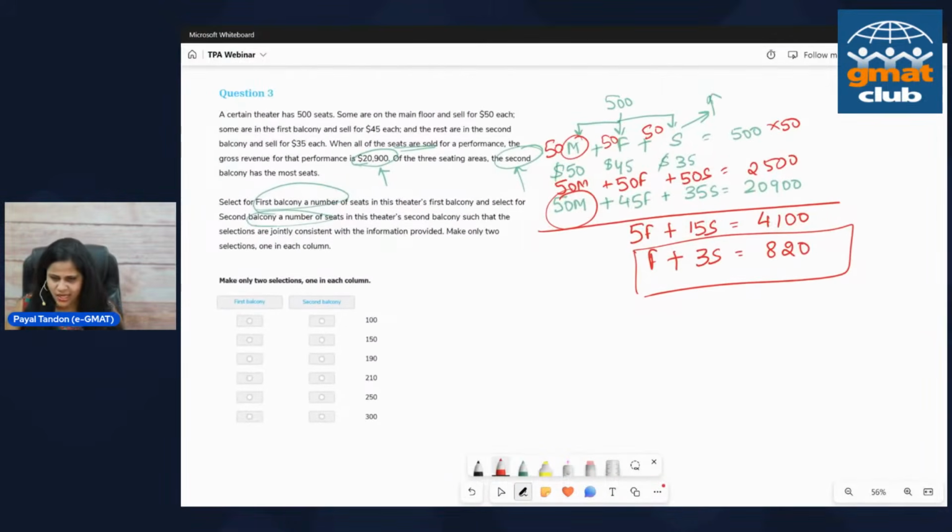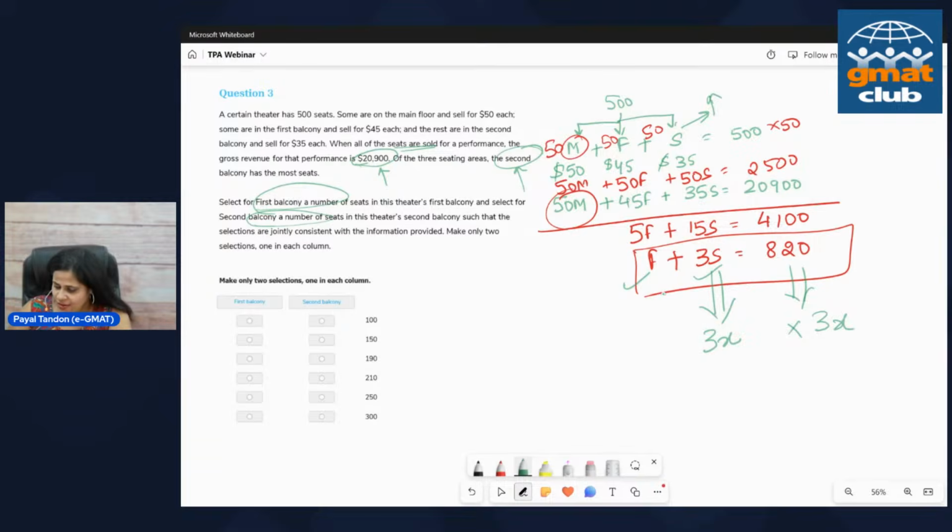So once you get this equation, what do you do? What inferences do you draw over here? You need to find the value of f and s, right? So how do you do this? Over here, you have to observe that 3s is a multiple of 3. But 820 is not a multiple of 3.